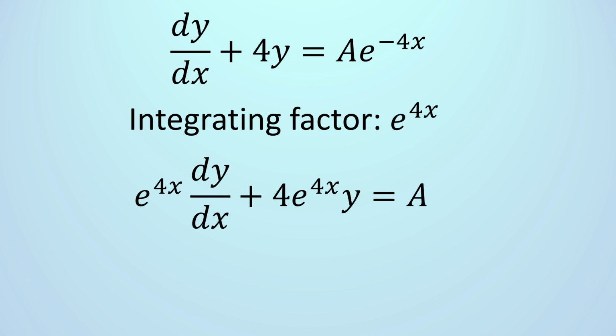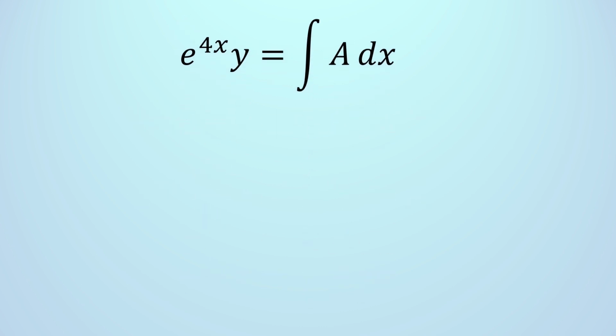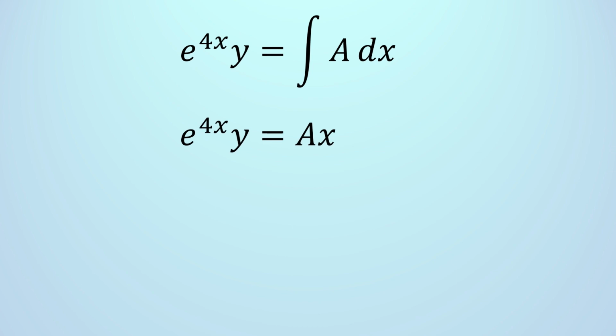That means that now, if we try to integrate both sides with respect to x, the left-hand side will act exactly the same as normal for these differential equations by just becoming y lots of the integrating factor, but on the right-hand side, we're just integrating that constant a. And of course, if you ever integrate a constant, it will just integrate to that constant amount of x. And then because we've integrated, we need another integration constant, so let's call that b.